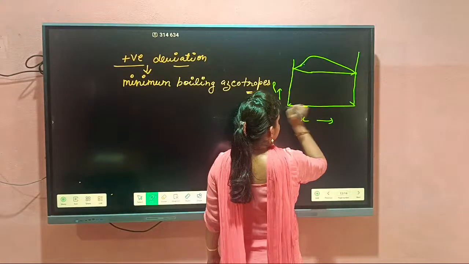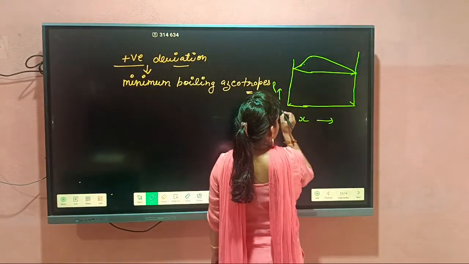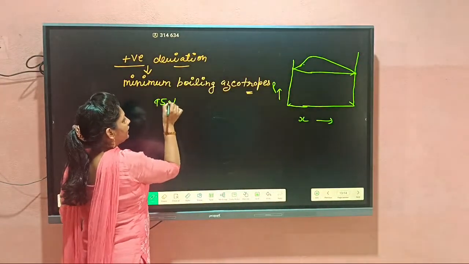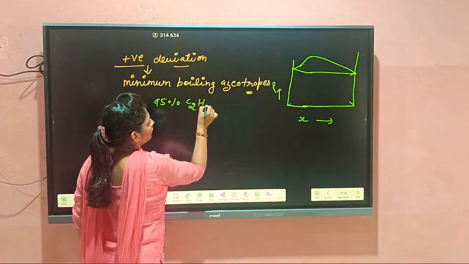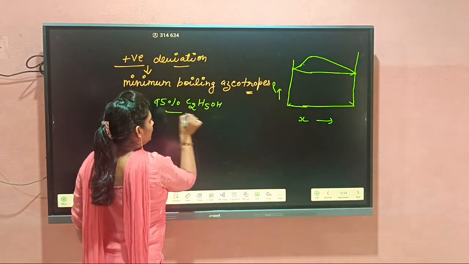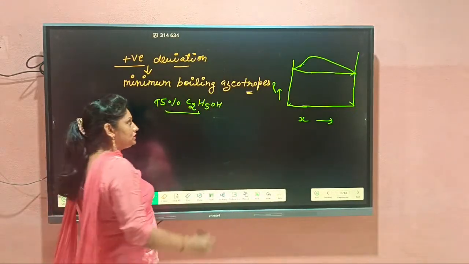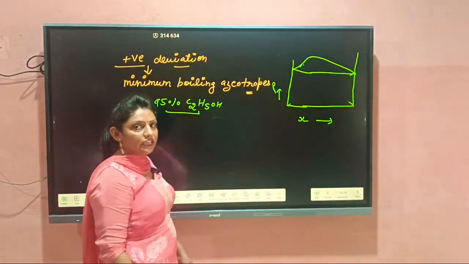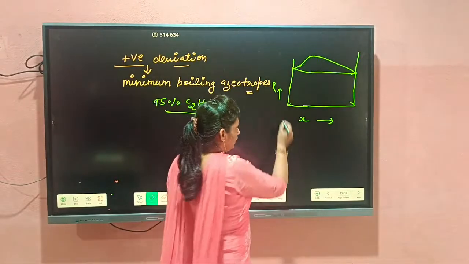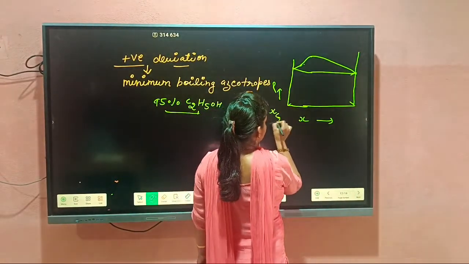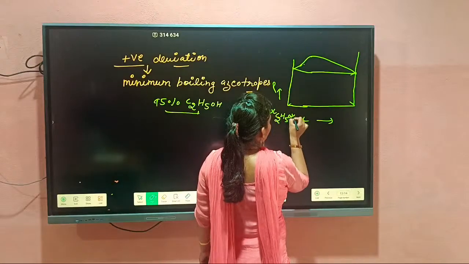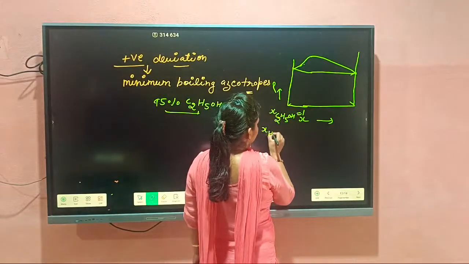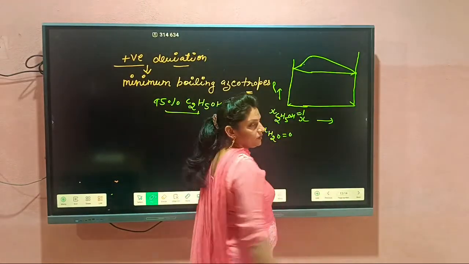So students, here let us consider I am taking a 95% solution of ethanol. 95% solution of ethanol means here 95% ethanol plus 5% water is added into it. So here the mole fraction of ethanol I take maximum, it is 1, and the mole fraction of water is 0.